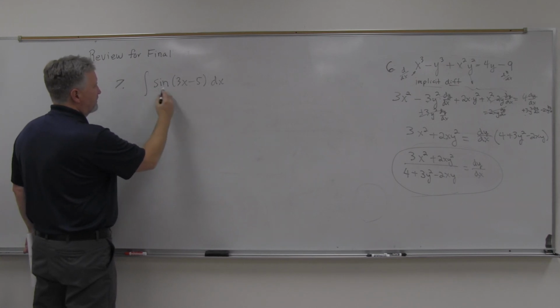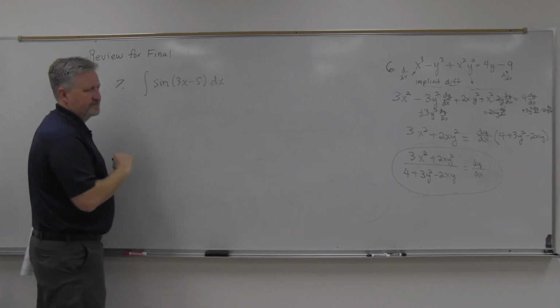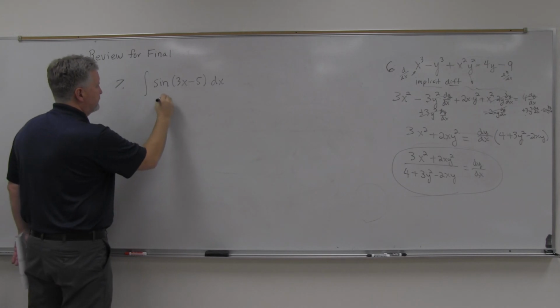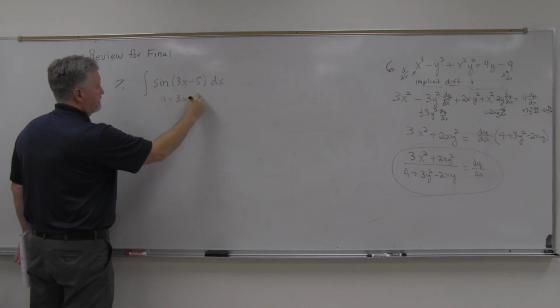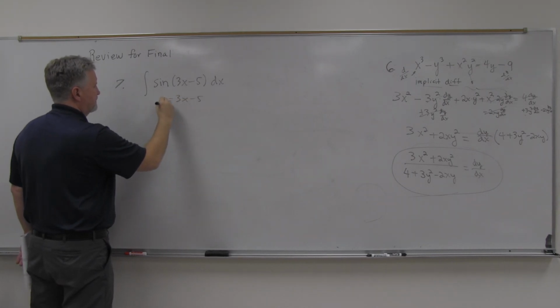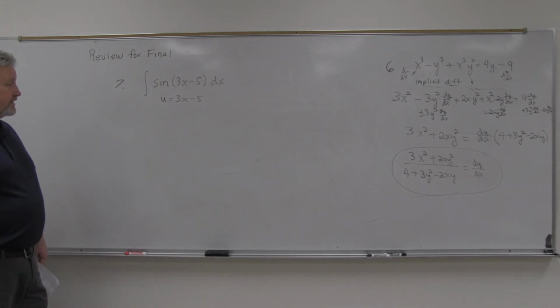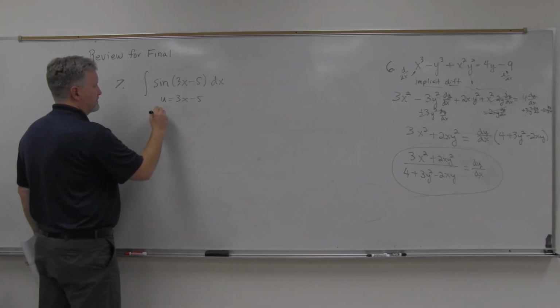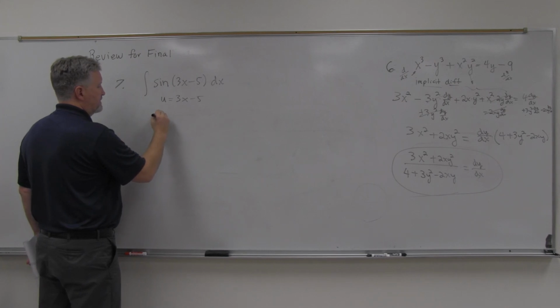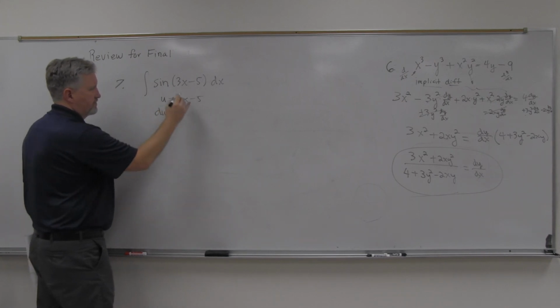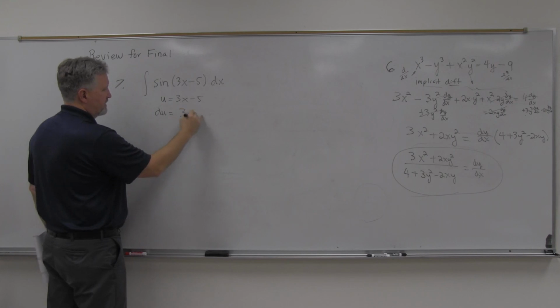I can't do the antiderivative as is of sine of 3x minus 5, but if I let u equal 3x minus 5, and a lot of times u is the stuff in parentheses, then let's see what happens. That makes du, which is the derivative of that, 3 times dx.